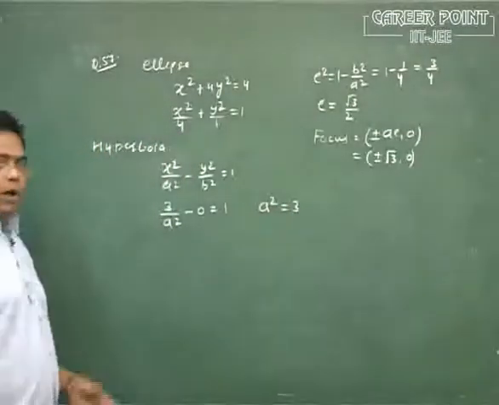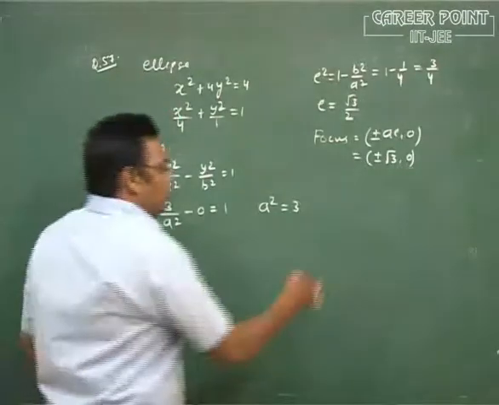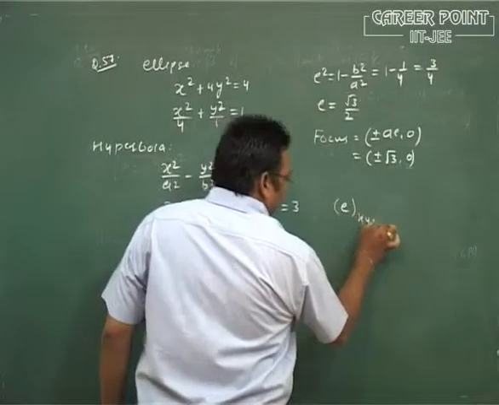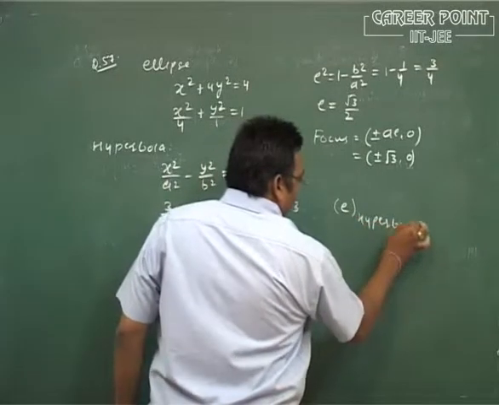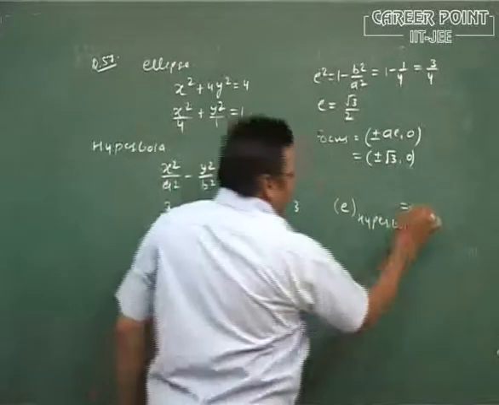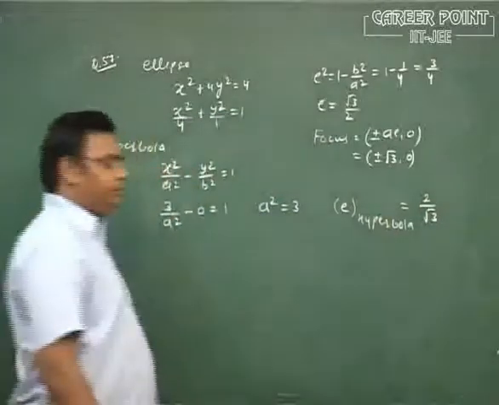Okay. Now problem में given है eccentricity of the hyperbola is the reciprocal of the ellipse. तो eccentricity e किसके लिए? For hyperbola is equal to reciprocal of the eccentricity of the ellipse. It means that value is equal to 2 upon root over 3. Fine. Okay.